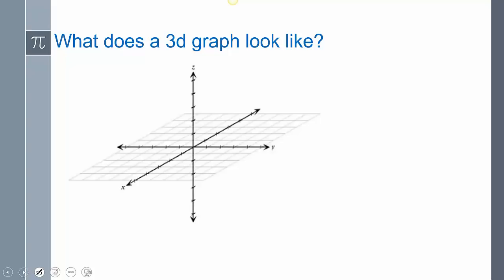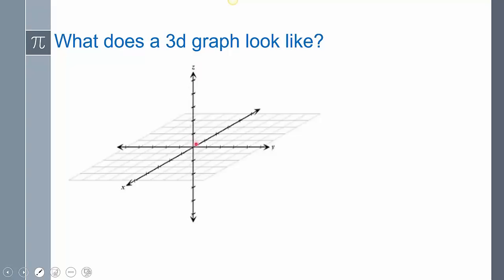Now, to help visualize this, think that this piece right here is the corner of the room. We're coming out this way, we're coming out this way, and we can go up. If you pause the video right now and look at your wall, your z-axis is that crack that you see along the wall.